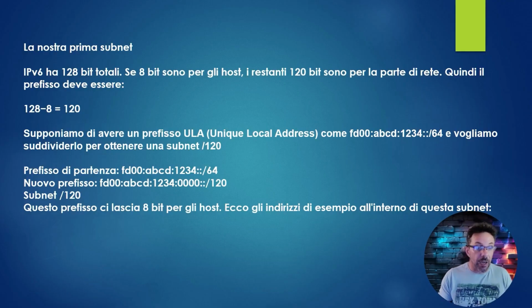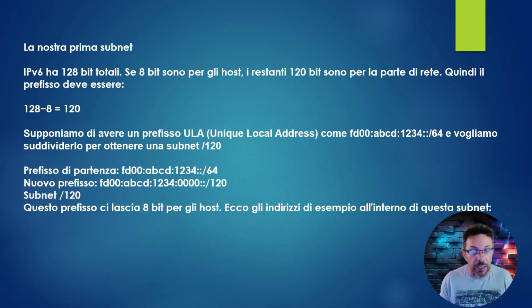Now, as we've seen, IPv6 has 128 bits. If I want to create a network for 254 hosts, how do I do it? I need 8 bits, because anyone who has already done subnetting in IPv4 knows that 8 bits give you precisely 256 addresses. So I do 128 minus 8 equals 120.